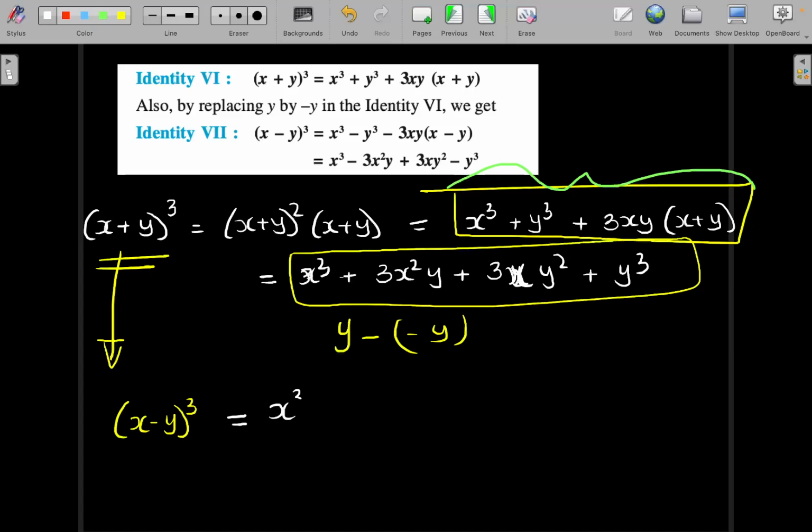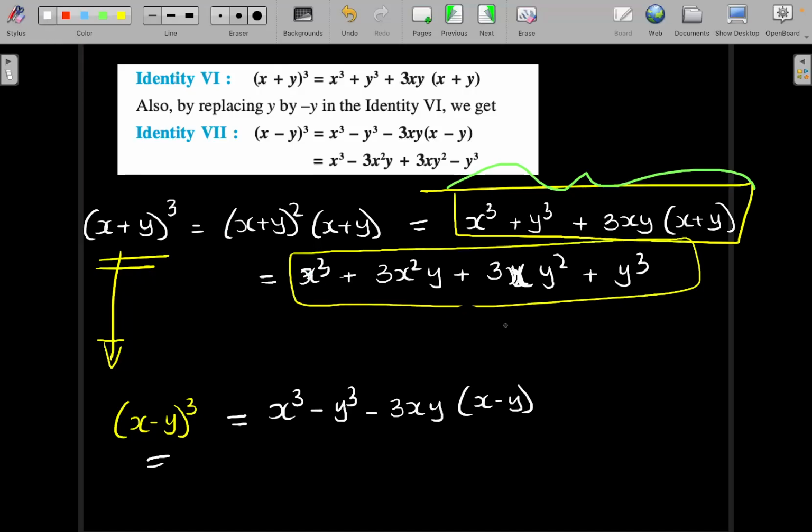So for example, x cube, there will be no change, but instead of y you put a minus y and cube it. In that case you will get minus y cube, because it's a cube. And then again you have minus 3xy because you have replaced y with minus y, and again you will get x minus y. So this is the answer for x minus y whole cube, and once again you can write it in the form of 4 terms here, like this one.